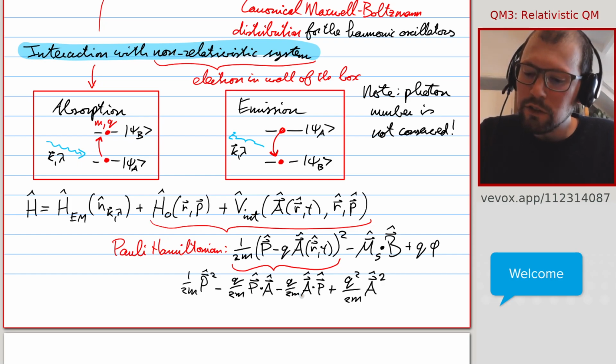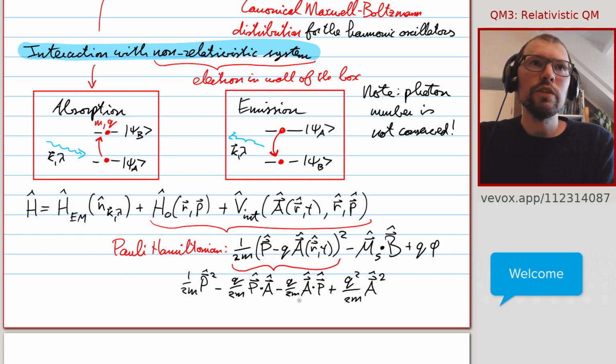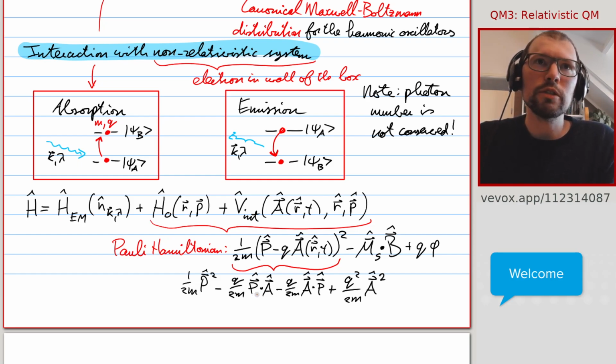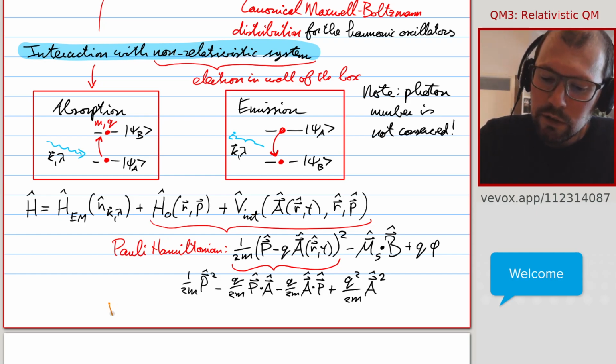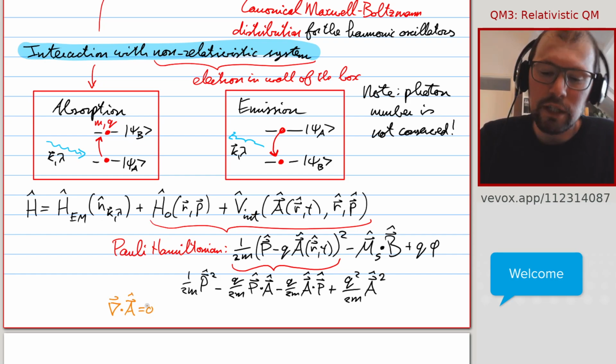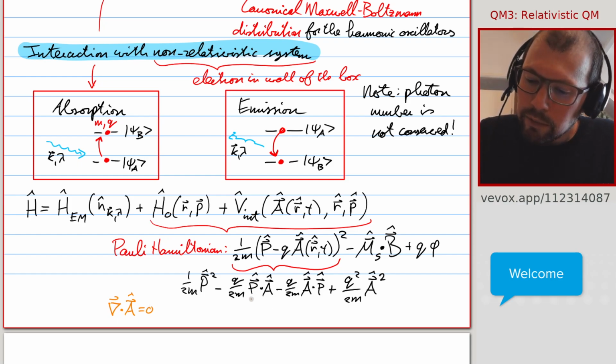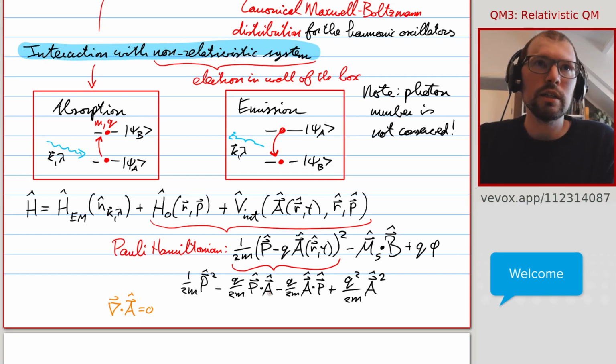Now, I write these two cross terms separately because in general they do not commute with each other. P corresponds to the derivative with respect to the position, and the position actually appears in the vector potential, as it depends on the position. But luckily, in the gauge that we've chosen, the divergence of A vanishes identically. So the term in this part that acts by the derivative on the position of A vanishes.